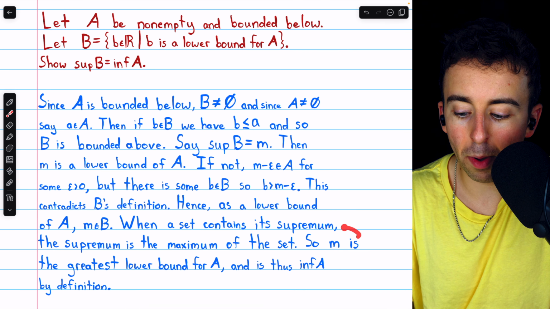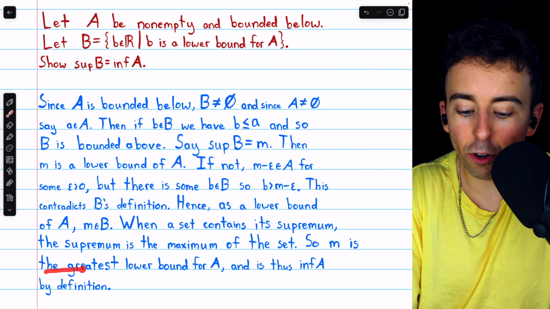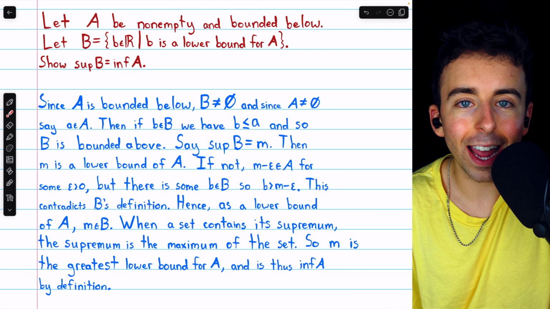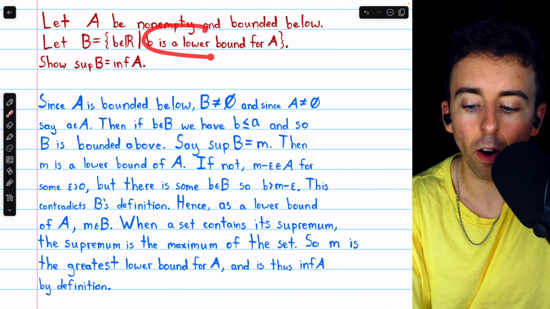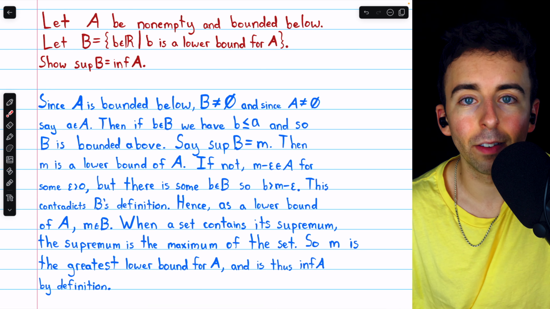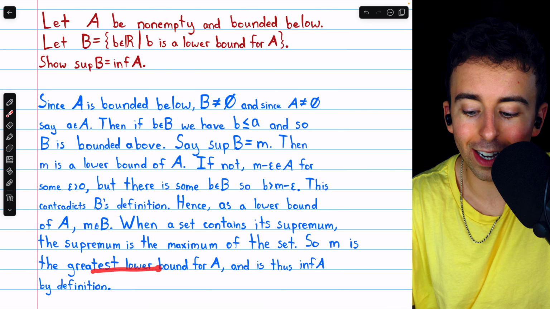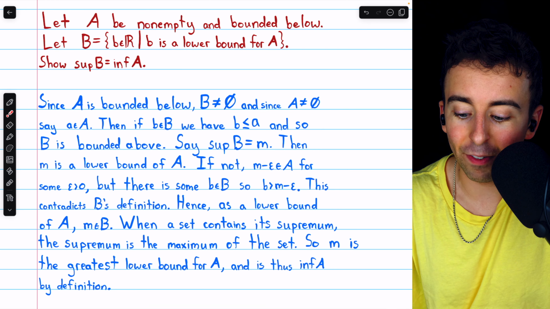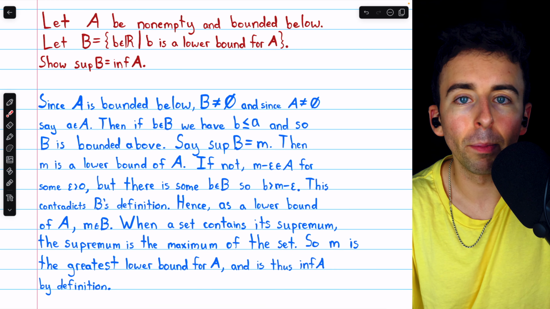So this supremum of B, M, is the greatest lower bound for A, because all elements of B are lower bounds of A, but M is the maximum of that set of lower bounds. It's the greatest lower bound. Thus, by definition, it's the infimum of A.